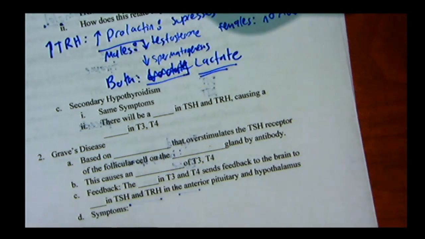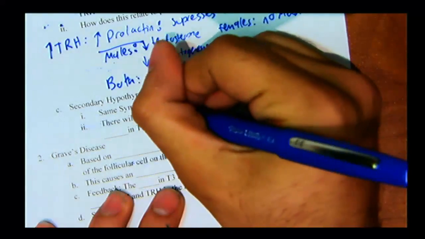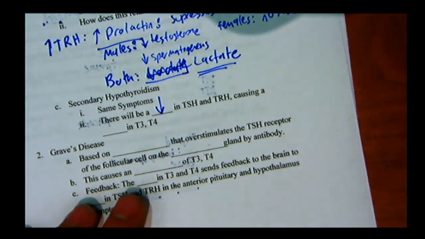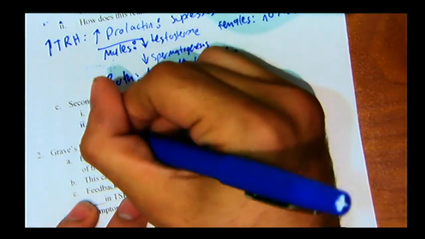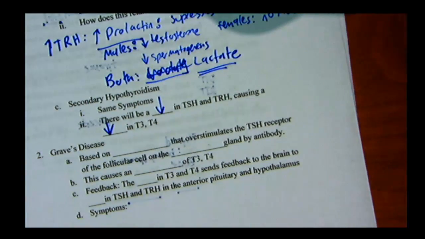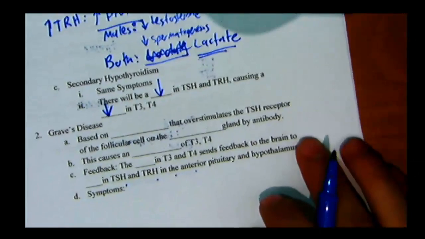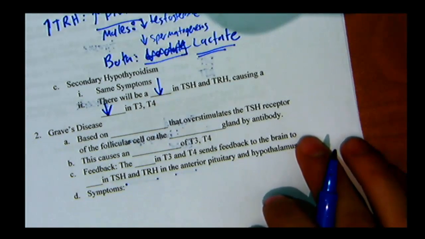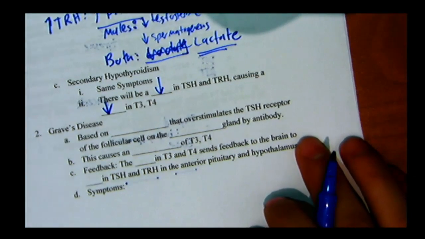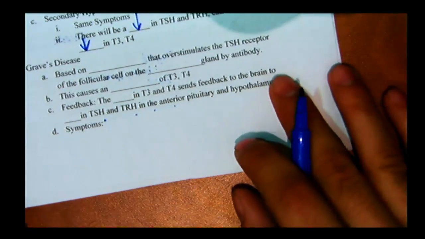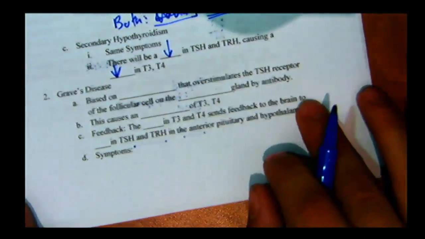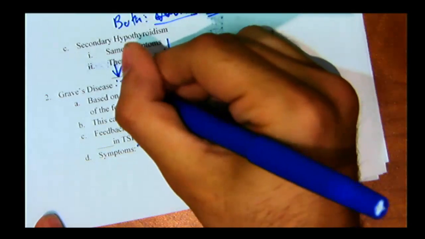So now we're at Graves'. I always call it the zombie disease because grave, yeah. I'll explain why as we go through it. So it's based on what? Autoimmune. That overstimulates the TSH receptor.